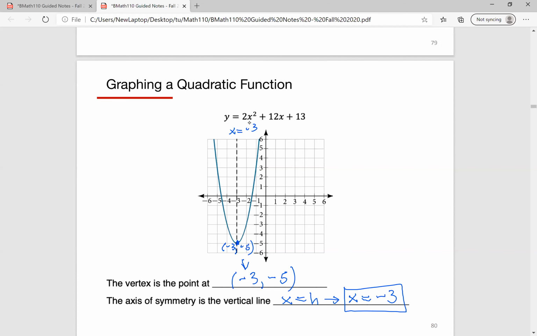What else do you need to know? You may have to check the intercept. But here it may not be easy for you to find the intercept if you cannot factor, right?